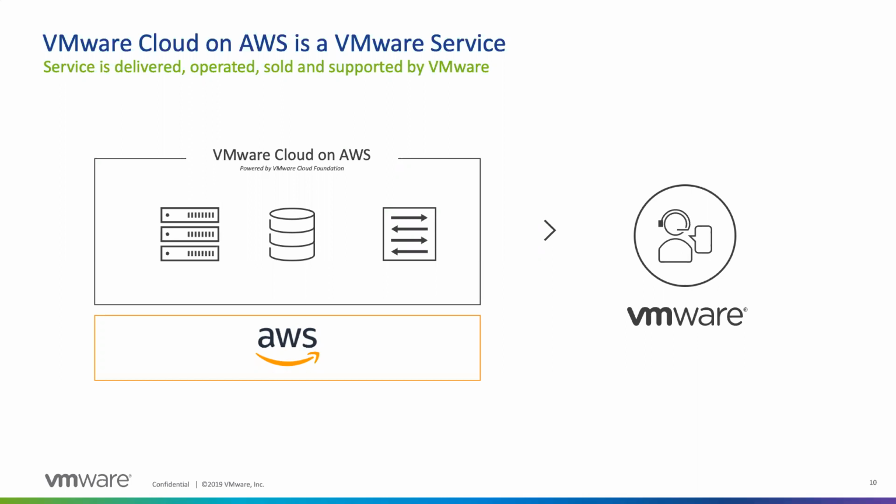But I think more importantly is VMware also handles the life cycle of the infrastructure. And so we automatically upgrade the environment, we handle patches, we automatically do break fix. We use a lot of predictive failure analysis to determine if a piece of hardware is going to have issues, because we know the one constant is hardware will always have issues out there. And so we automatically replace those.